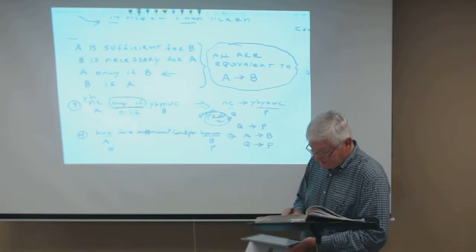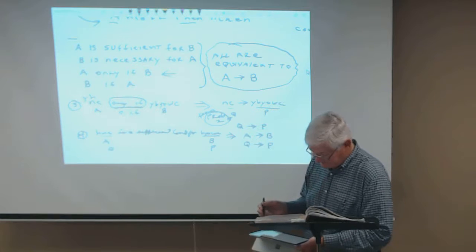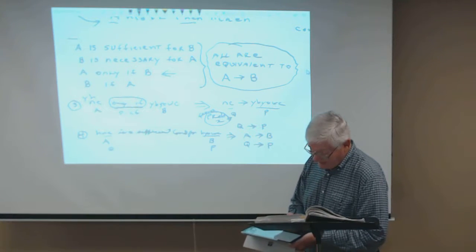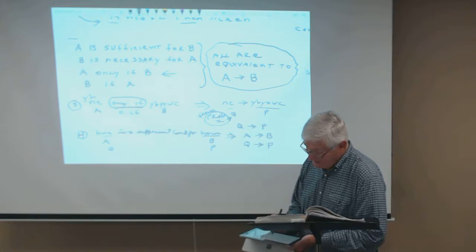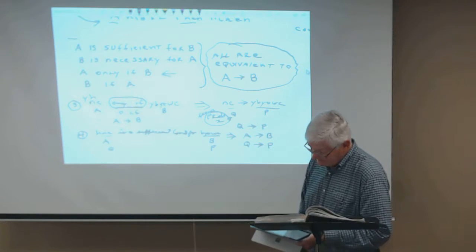So I'm just changing it to A and B. So I go A only if B. Now, A only if B is equivalent to what? If A, then B. Everybody follow that?